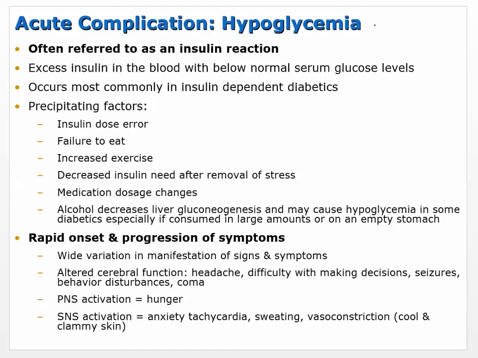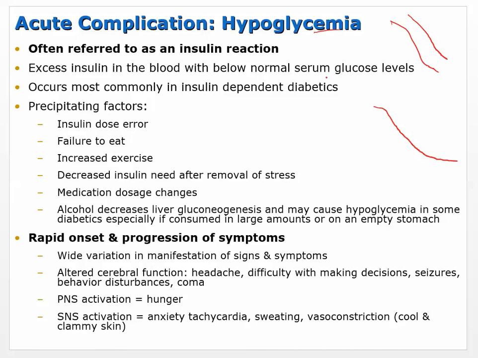This is not difficult because we're talking about glucose levels in the blood falling. Okay, so maybe somebody took their insulin in the morning, didn't remember that they took their insulin in the morning, and took it again. Okay, and so that's going to cause a serious decrease in blood glucose levels, hypoglycemia. Okay, so often referred to as an insulin reaction.